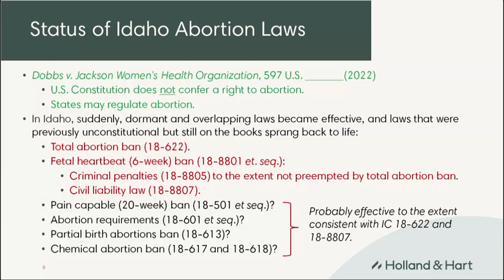Now, the fetal heartbeat ban contains criminal penalties like the total abortion ban, but it specifically states that those criminal penalties don't apply to the extent that the total abortion ban takes effect. So the net effect of that is, under the fetal heartbeat statute, you don't need to worry about criminal penalties, but you still have to worry about that civil liability law.